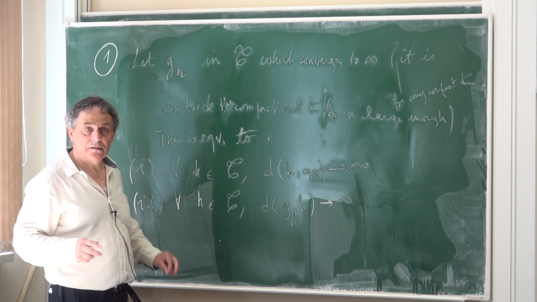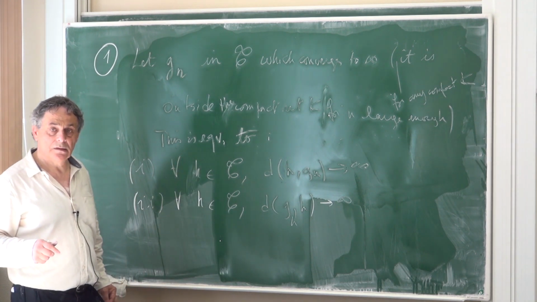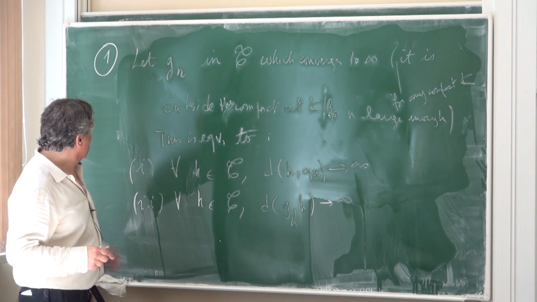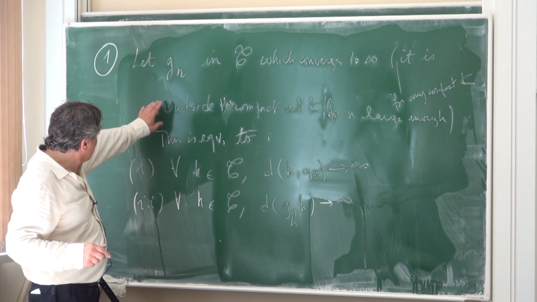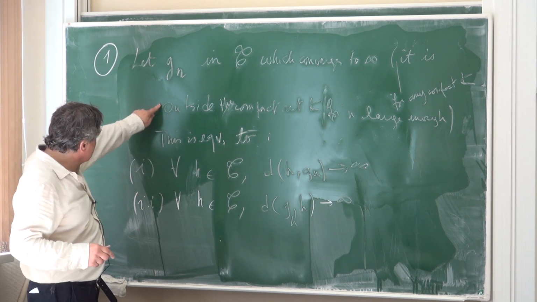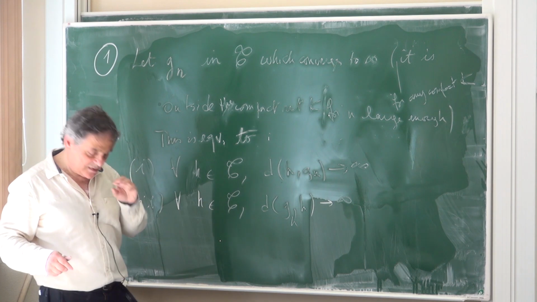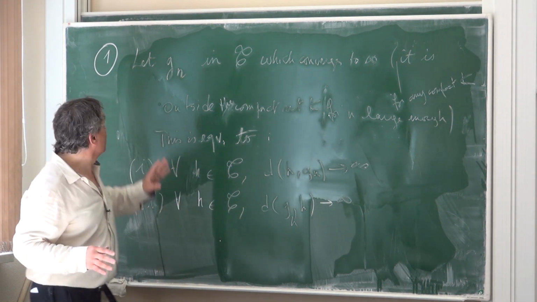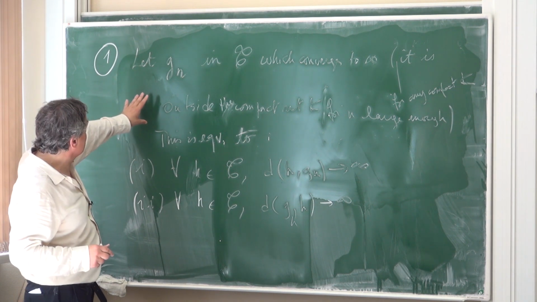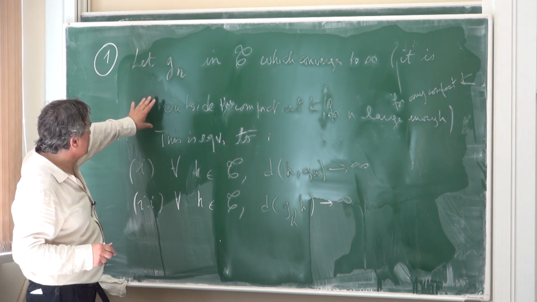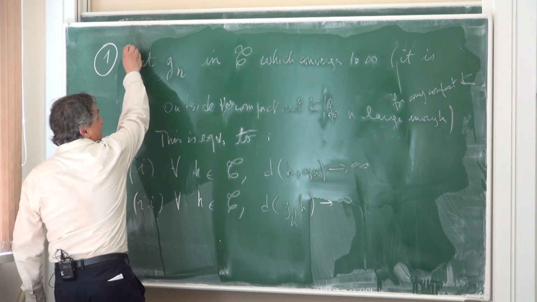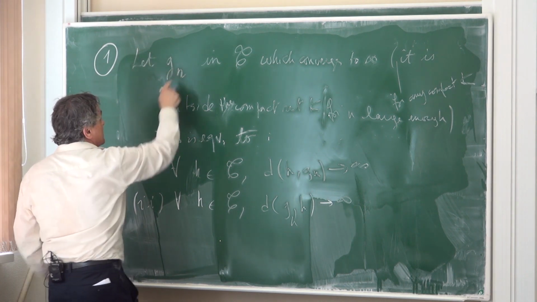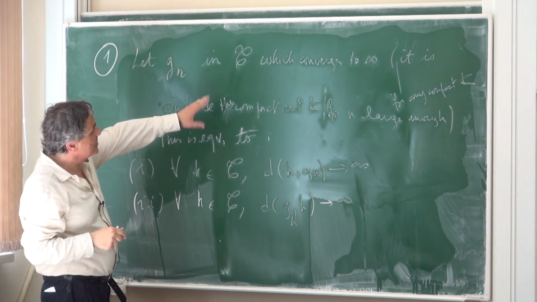I mean, you say apparently these two claims are not equivalent. In this, I have three claims. The three of them are equivalent. Maybe I said this is a definition: that Gn converges to infinity.